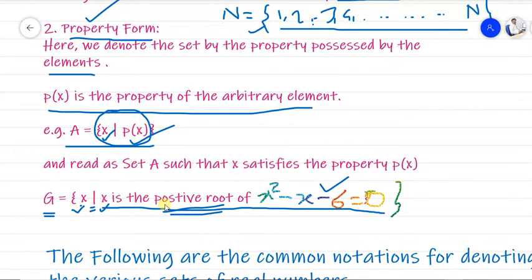Are you getting my point? You can take another example. For example, I'll say set A. Here I'll consider set A is equal to {x | x is a positive real number}. X is an arbitrary element such that x is a positive real number.